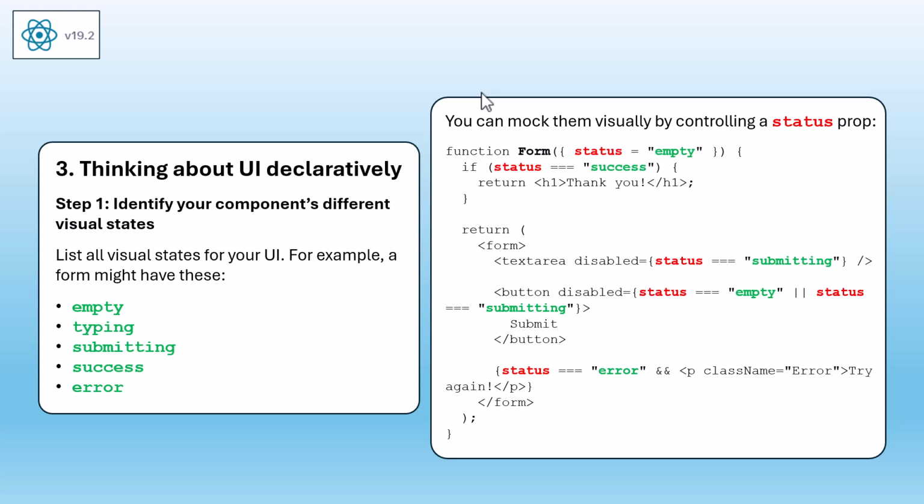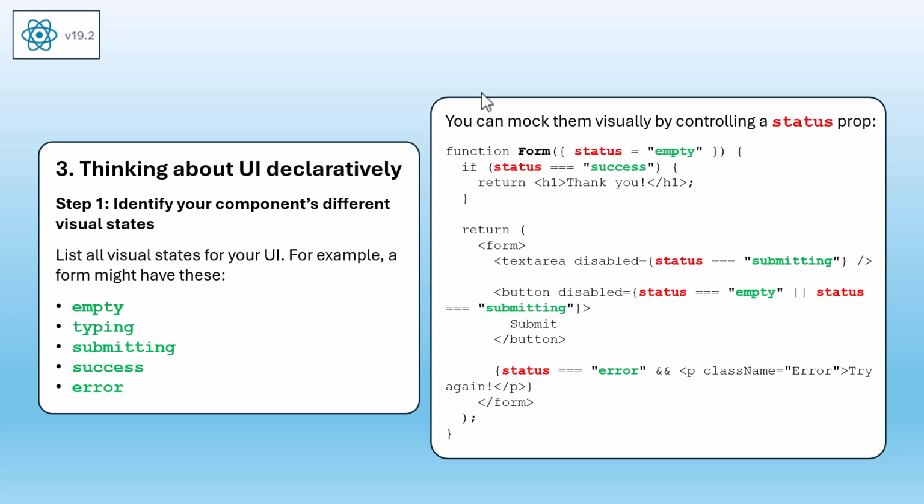For a form, those might be: empty, the submit button is disabled; typing, the user is entering text, and the submit button is enabled; submitting, the form is disabled, and a spinner appears; success, the form is hidden, and a success message appears; error, the form is shown again with an error message.